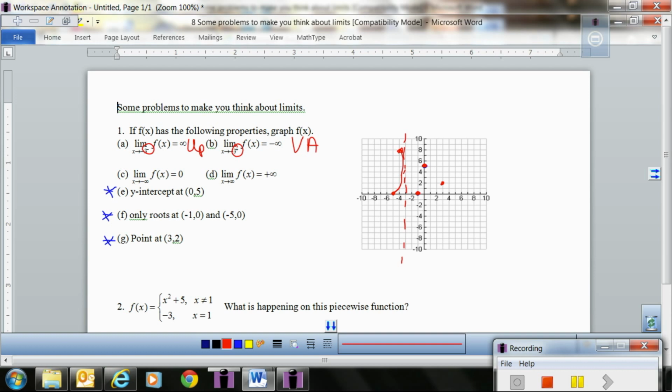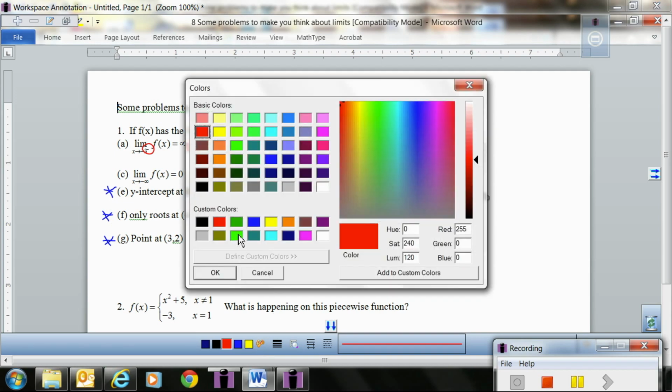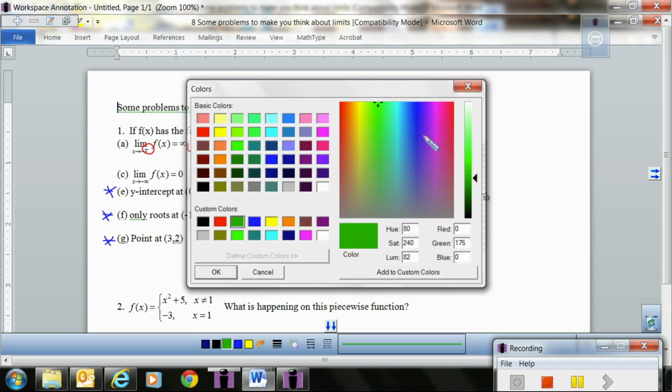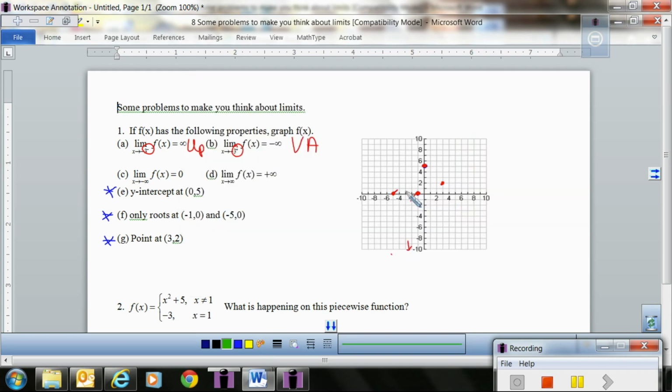Now notice that I'm going to go to the closest point that I have defined and go down forever. Maybe I should make my dashed line a different color, so make that green. It makes it a little easier to discern.